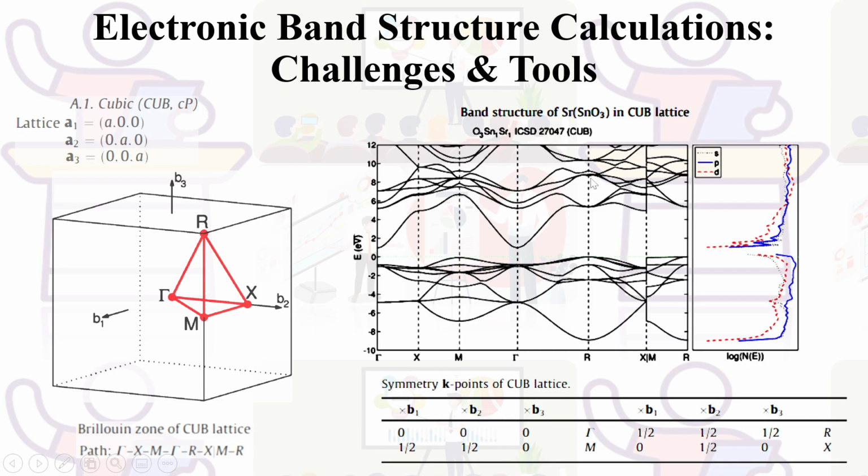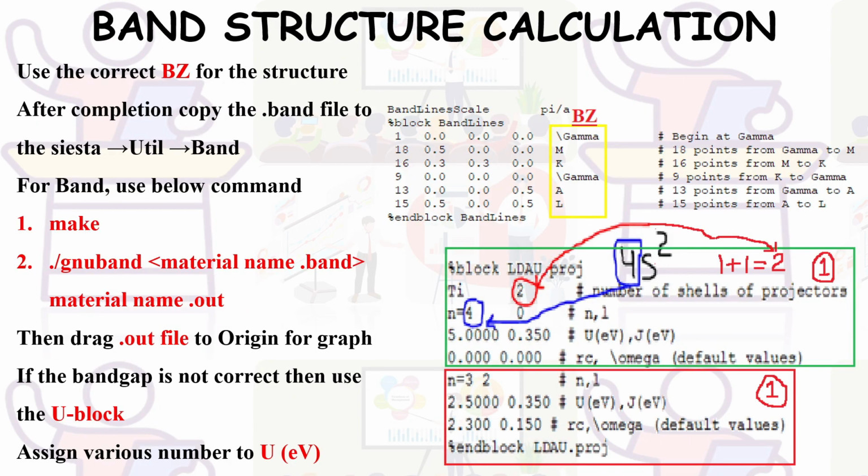Here you can see the band structure for this simple cubic structure, which is SrSnO3 in the cubic lattice. So how do we put this band line, or the Brillouin zone path, in the input file? Here you can see the band line scale and the band lines.